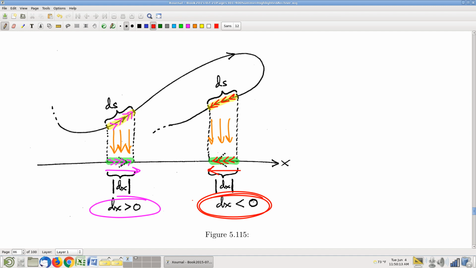Try to think of dx now not as representing the change in the x-coordinate. Think of dx as this number whose magnitude represents the size of the shadow and whose sign represents whether the curve projected the correct direction, as in this case on the left, or the wrong direction, the backwards direction, as in this case on the right.